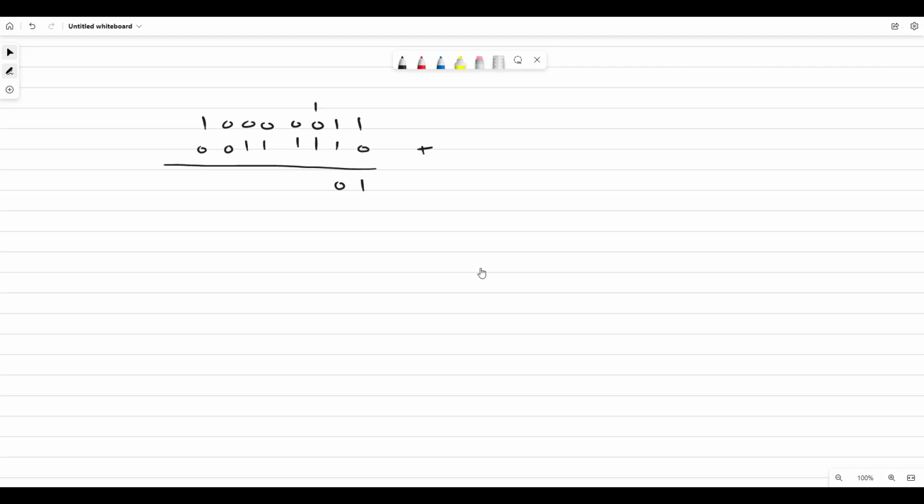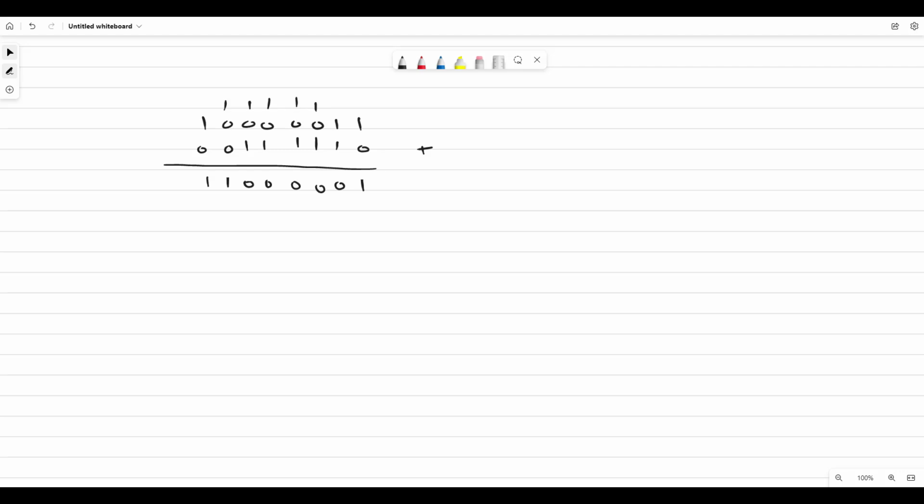Again 1 plus 1 is 0 and overflow 1, and the same for the next positions. Then 1 plus 0 plus 0 will be 1, and 1 plus 0 will be 1. So we'll get this number.